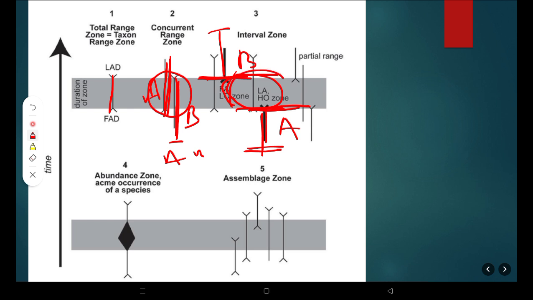So this interval time is known as the interval biozone, the A-B interval biozone. Similarly, the partial range zone is also similar to the interval biozone. It has no such importance, and is also a type of interval biozone.